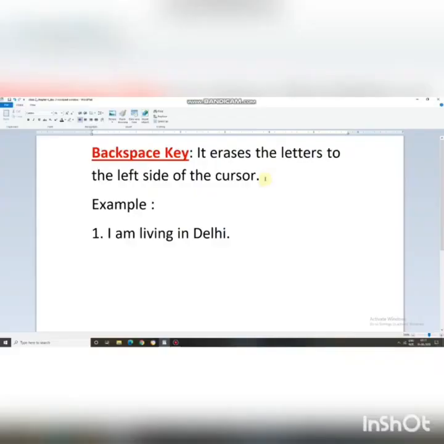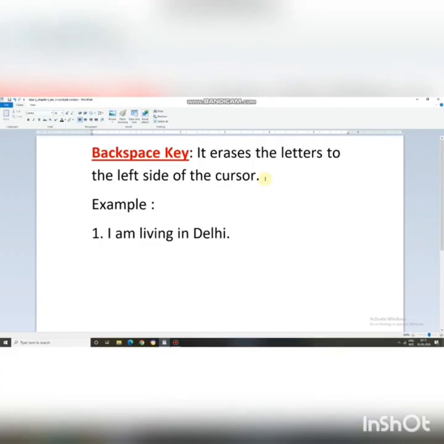Students, I have opened an application known as the Wordpad application. It is an application through which we are able to type letters, numbers, and special characters which are there on the keyboard. Now, when you are typing anything on the desktop, laptop, or gadget, you must be facing a problem that you have typed something wrong.